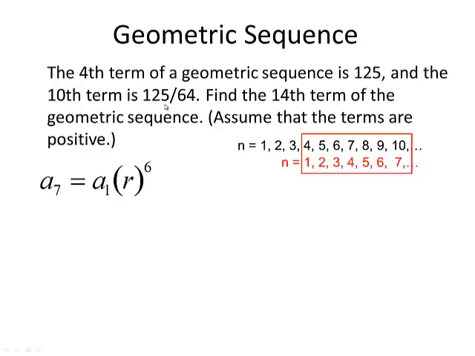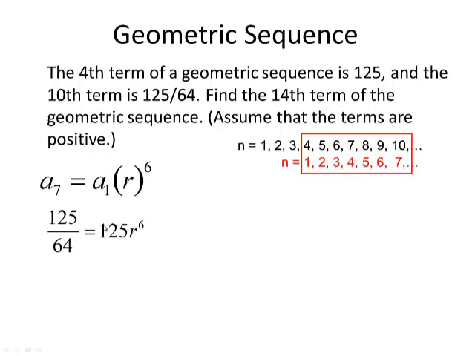Because now this is really my 7th term, this is my first term, and I can find r. So I got 125 over 64, that's my quote-unquote 7th term, really my 10th term, and my quote-unquote first term is really my 4th term, right? Going by this here, the 7th one is really the 10th one, and the first one is really the 4th one.